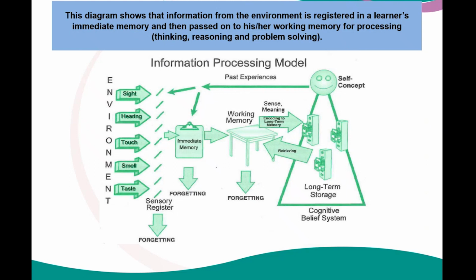So they can register the information within the immediate memory, and then it goes into the working memory where we create experiences that they can make sense of the information and encode it to the long-term memory. Our main aim is so that they don't forget the information, but they register it into the long-term storage.